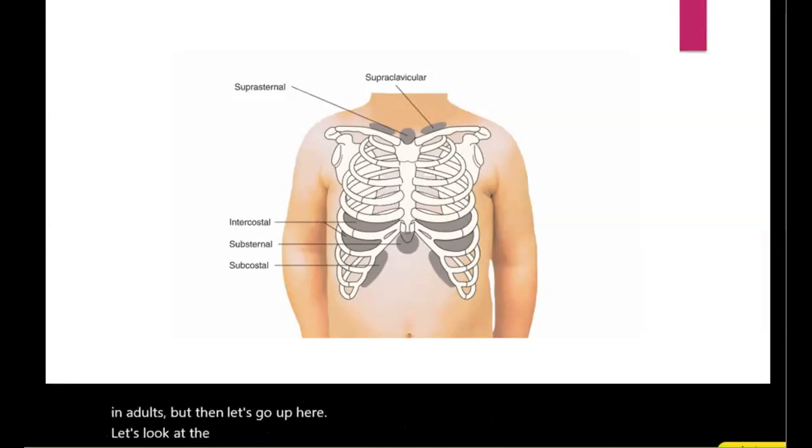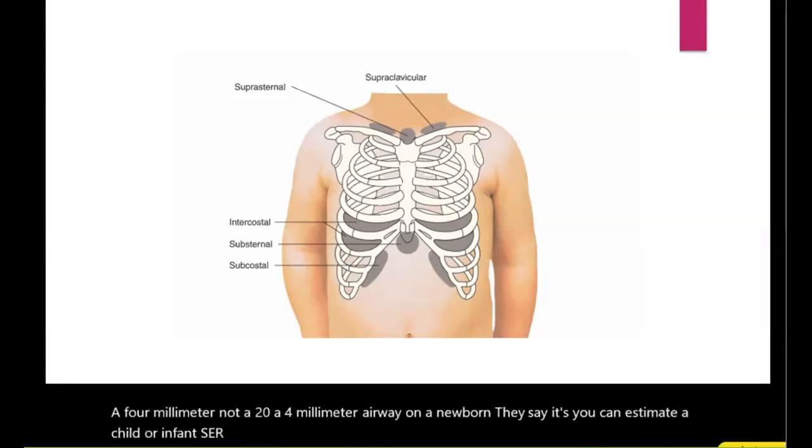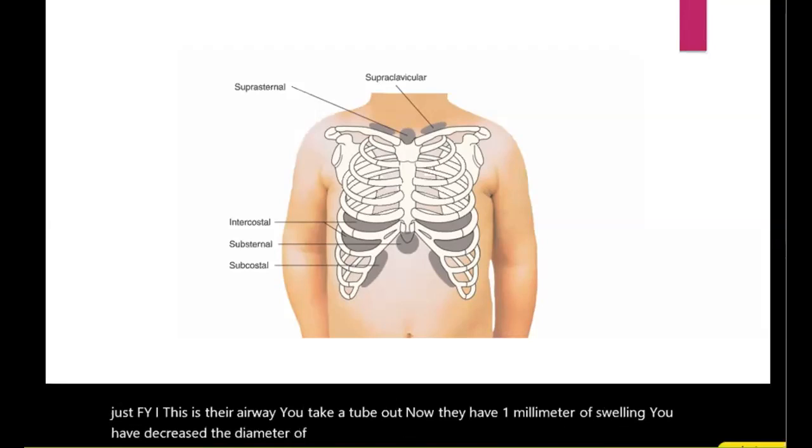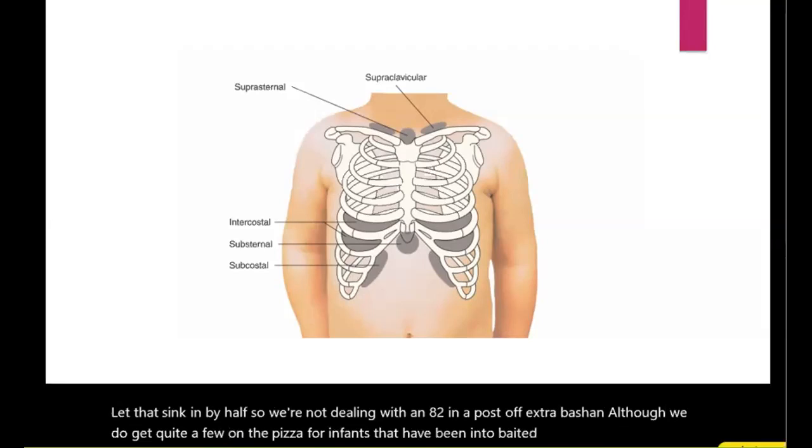And then we have intercostal, between our ribs; substernal, below our sternum; sternal, the sternum itself; and subcostal, where you can see the outline of the lower rib cage. So you have supraclavicular above your clavicles, suprasternal above your sternum, sternal, substernal below your sternum, intercostal between your ribs, and subcostal below your ribs. And that's pretty much it. Be able to recognize each type of retraction and use those words appropriately.